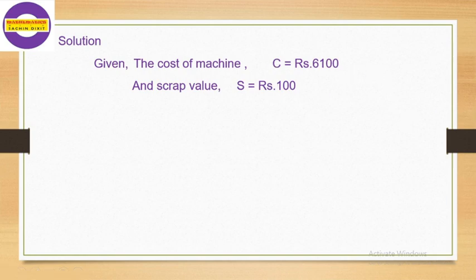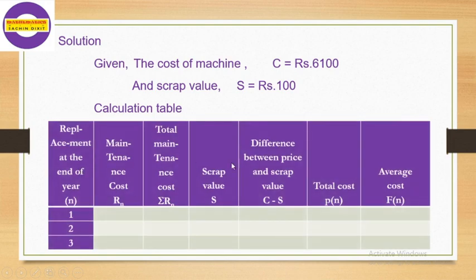Now we have to define a calculation table. This calculation table contains 7 columns. The first column gives replacement at the end of the year, that is first year, second year, third year, and so on.